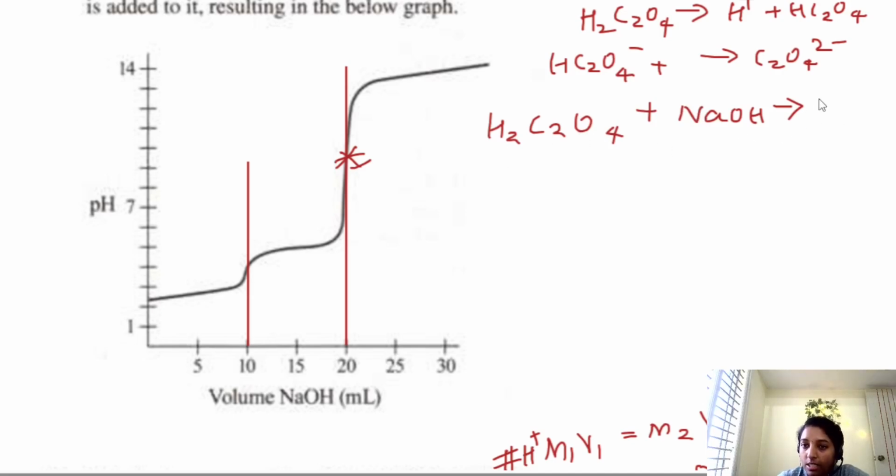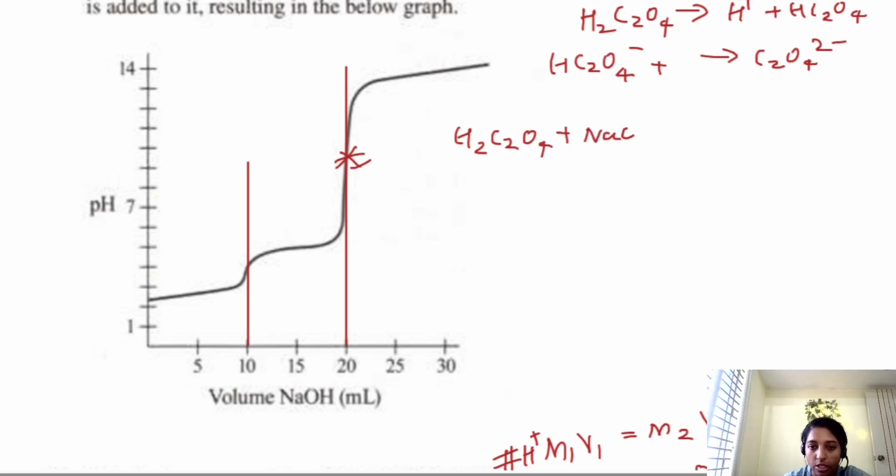So first H2C2O4 and NaOH will react. What happened? In the first step they will donate 1 H plus. So the remainder species is what? Okay, H2C2O4 plus NaOH: first they will react with the first H plus, so that the remainder species is HC2O4 minus, and Na plus will be there.